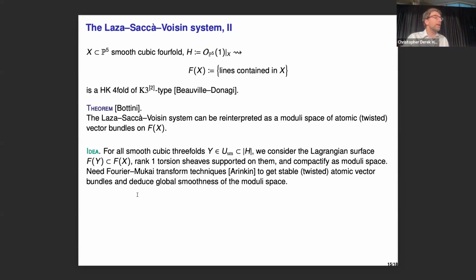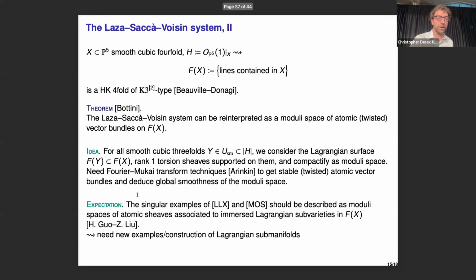And then I look at rank 1. It's like the Beauville example, as I told you. The only thing is that atomic sheaves behave nicely when they are vector bundles, not when they have torsion. There is still a bit of theory to be developed. And so you need Fourier-Mukai transform techniques, which in this context are much harder. But fortunately, as we saw also in Julian's talk, there is a fantastic result by Arinkin that allows us to do these computations. And that's exactly what Alessio uses in his theorem.